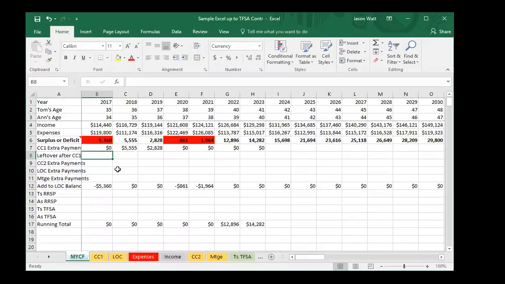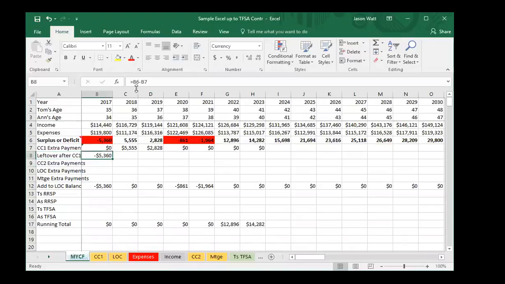And that tells me what I have left now after credit card number 1. So for leftover after credit card number 1, I'm going to take what's up here minus what's down here.